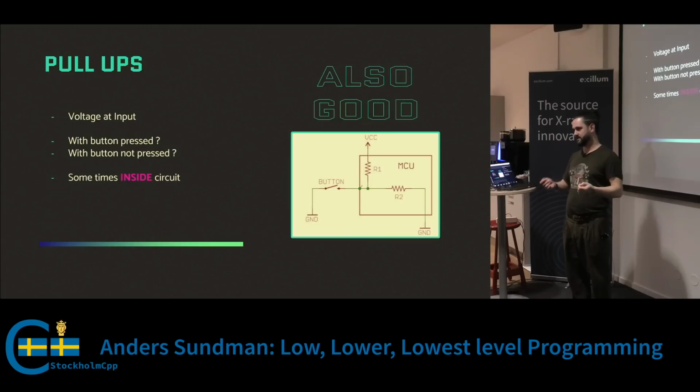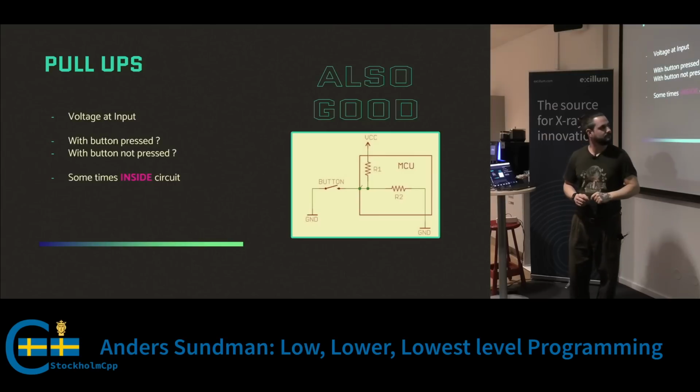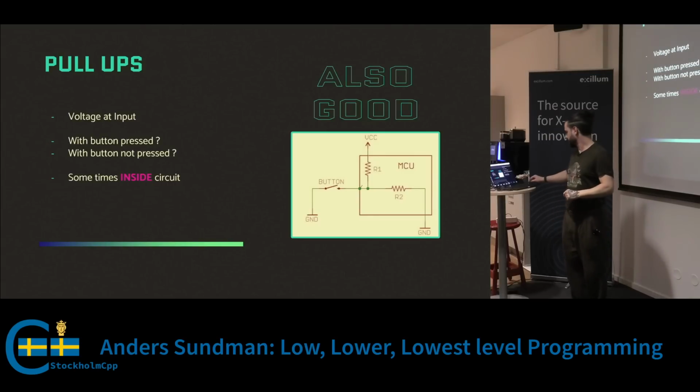And this is a communication thing. Maybe your electrical engineer thought, why didn't you use the internal pull-up? And you thought they would put it there, and they never did. It could happen to you.